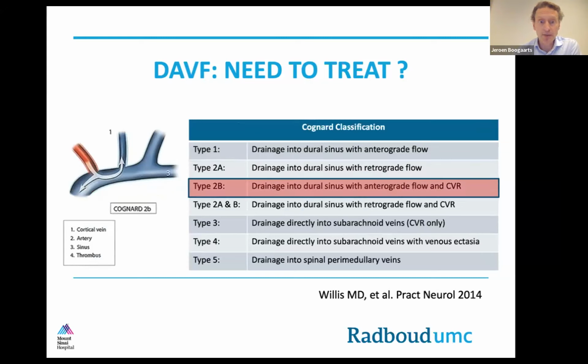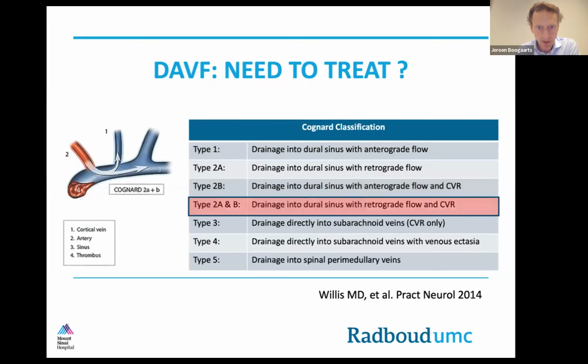And type 2B is antegrade flow in the sinus, but with corticovenous reflux. And type 2A and B is combined, so then you have both retrograde flow and corticovenous reflux.